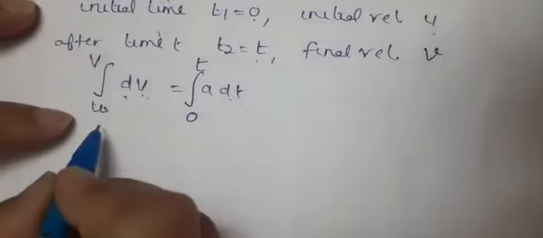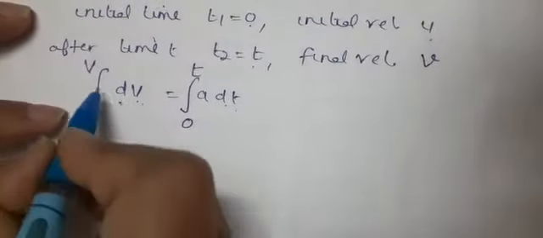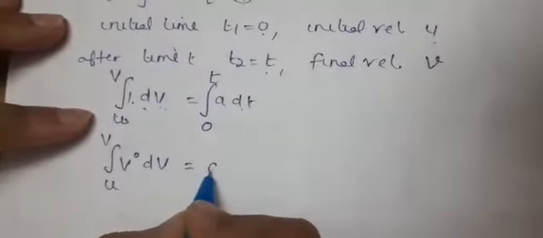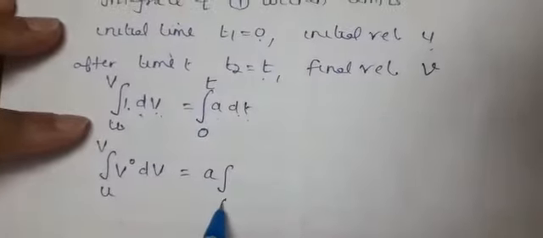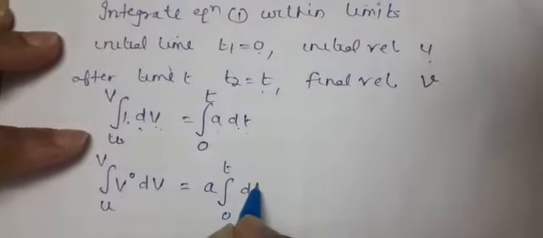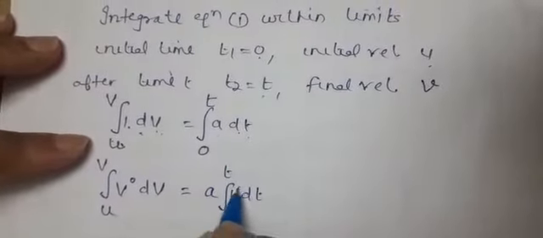Now as we have learned the concept of integration with proper limit substitution, this can be taken as integral of v to the power 0 dv from u to v. Within the limits you have to integrate. a is the acceleration, that is constant, taking outside, integral from 0 to t of dt. This 1 can be represented as t raised to the power 0.